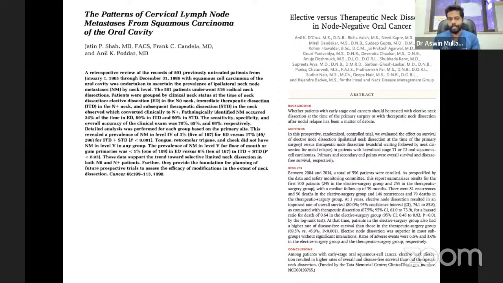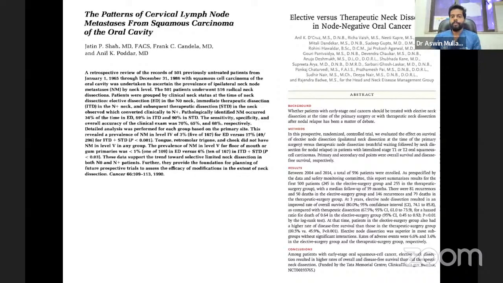He compared these two groups and found that overall survival was 80% in elective and 67% in therapeutic. That means more than 13% of people benefited, which is very significant.